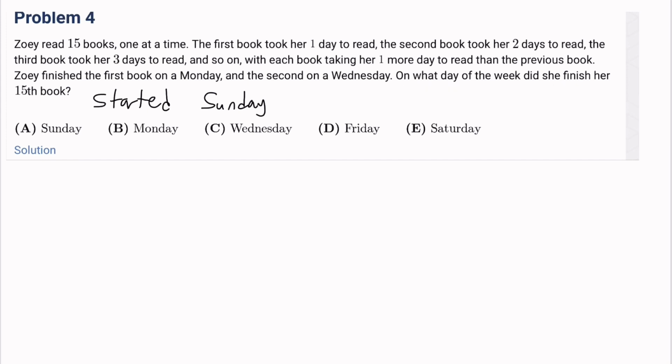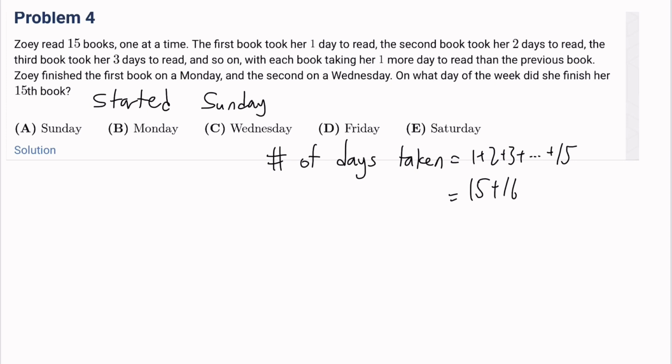And so the number of days taken to read all 15 books is 1 plus 2 plus 3 plus all the way to 15, right? And this is 15 times 16 all over 2, which equals 120, right? And if we divide 120 by 7, then this is 7 times 17 plus 1, right?